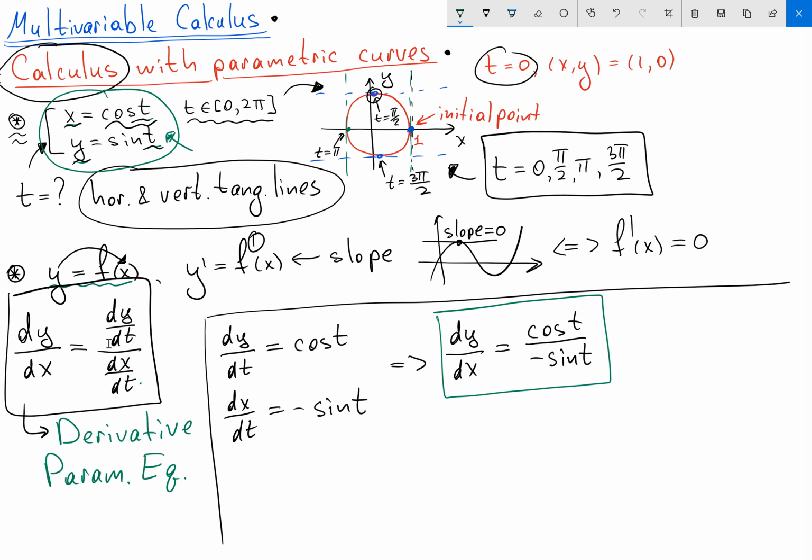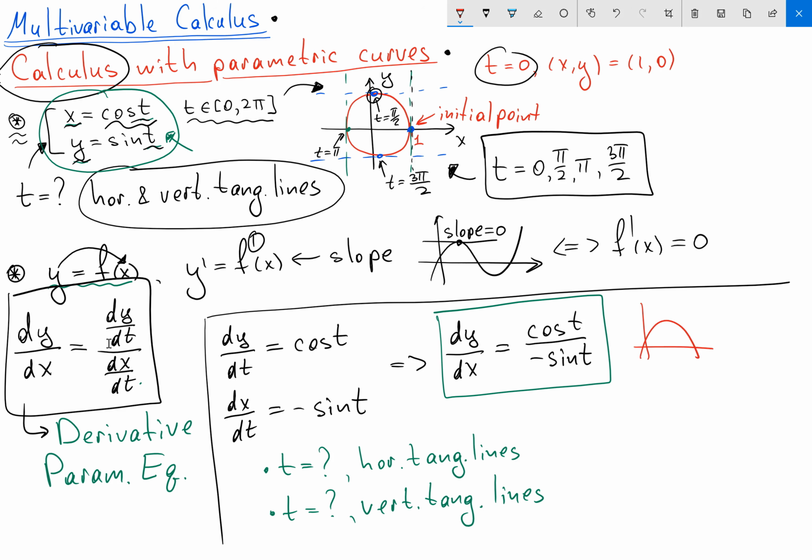Our next goal is to answer for which t I'm going to have horizontal tangent lines, and for which t I'm going to have vertical tangent lines. What does it mean to have horizontal tangent lines?